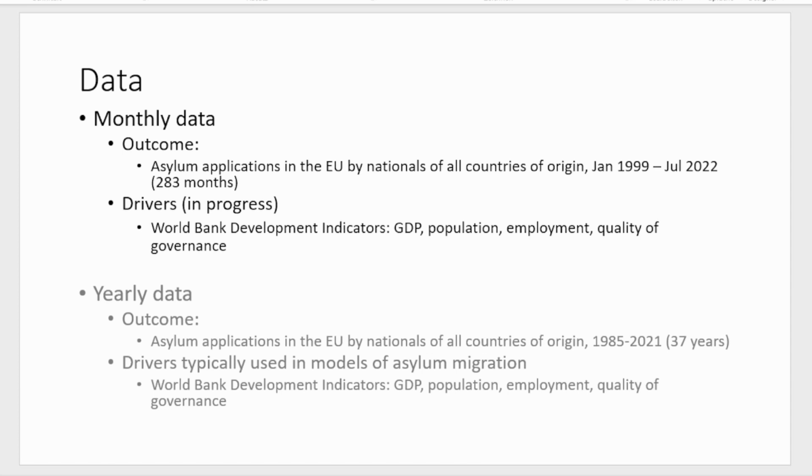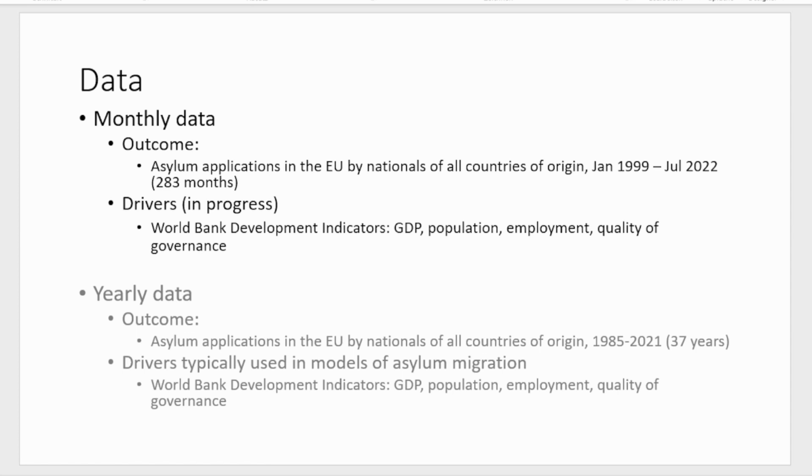You've already seen one, but I will start with Ethiopia this time. In this case, you see a slightly worse fit between the real Ethiopia and the synthetic Ethiopia, but still the synthetic Ethiopia matches the general trend of the real flow quite well. And then they diverge after the intervention. In the case of Ethiopia, you see a reduction in the number of asylum applications.